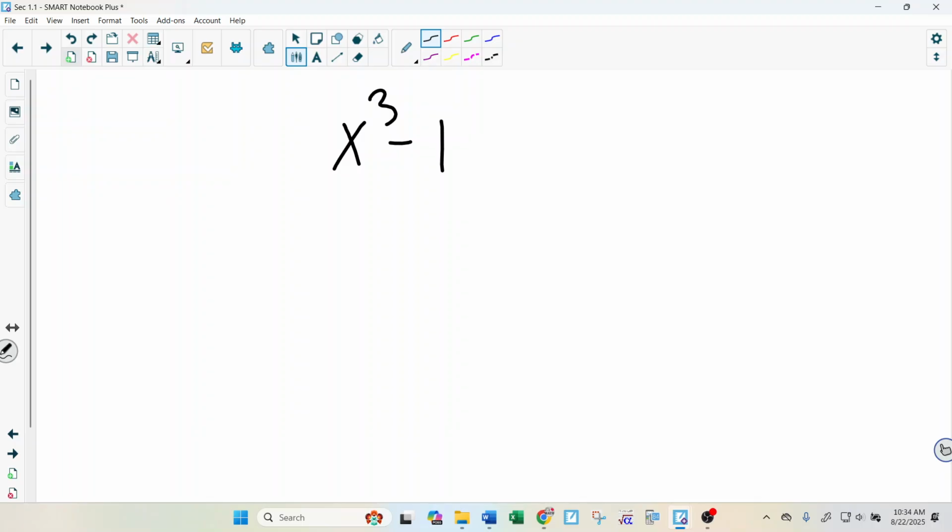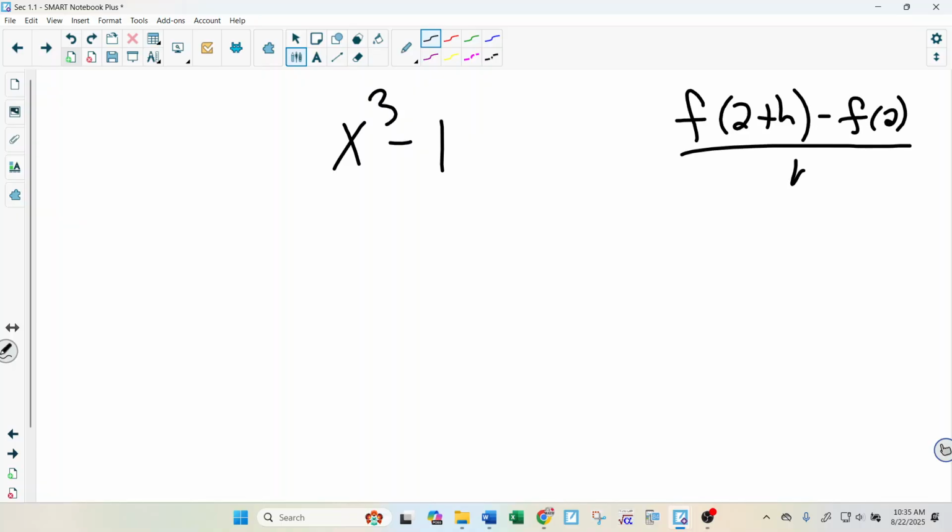So let's just say we had f of 2 plus h minus f of 2. I'm just making that up. If you had something like that, you'd have to square it first and then cube it. I'm not going to make you multiply that out right now. So I'm skipping that one because that's much more work than we need.